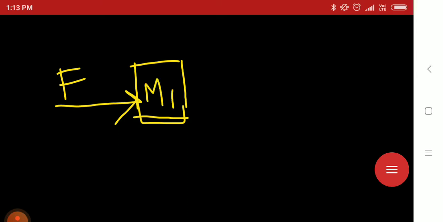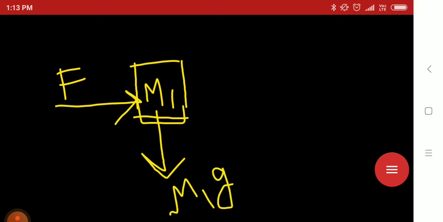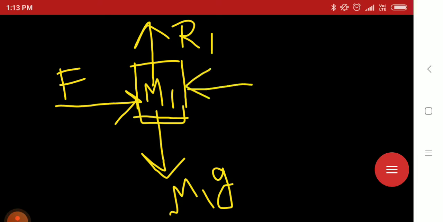A vertical force M1G is acting here, and a normal force R1 is opposite to it, and another force from the small mass M2 will be here.